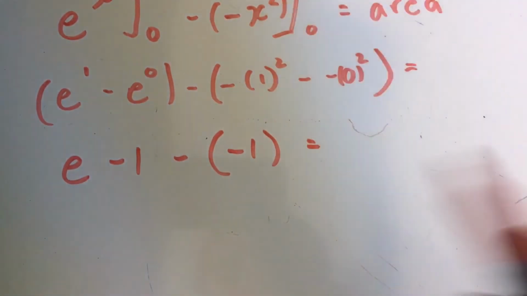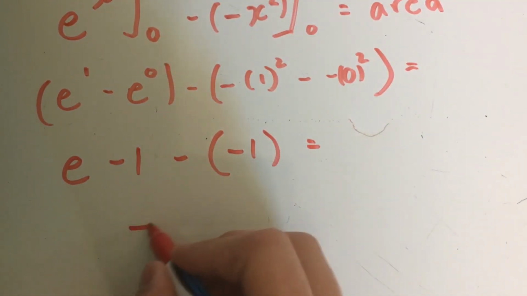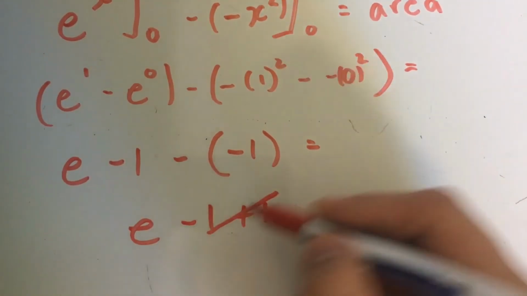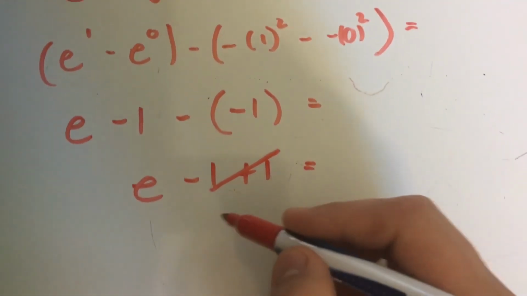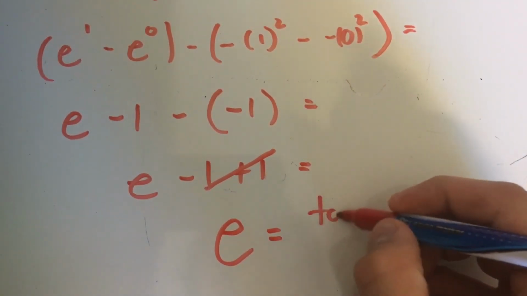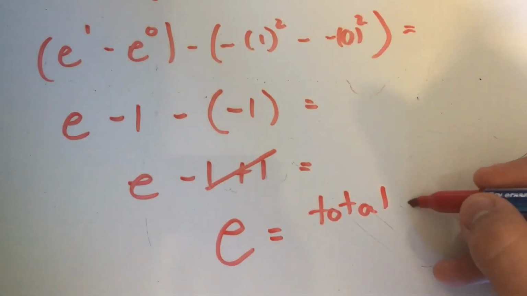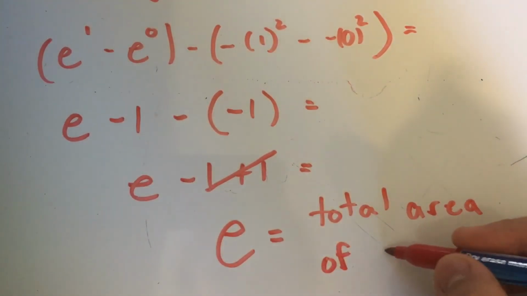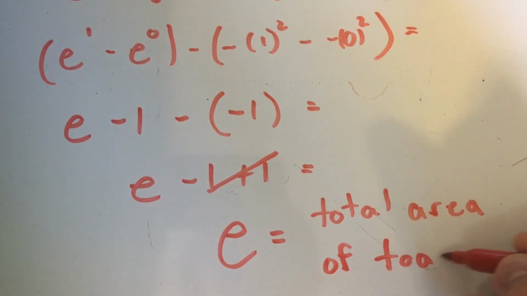And we get down to e minus 1 plus 1. Those cancel, and our final answer is e equals our total area of toast.